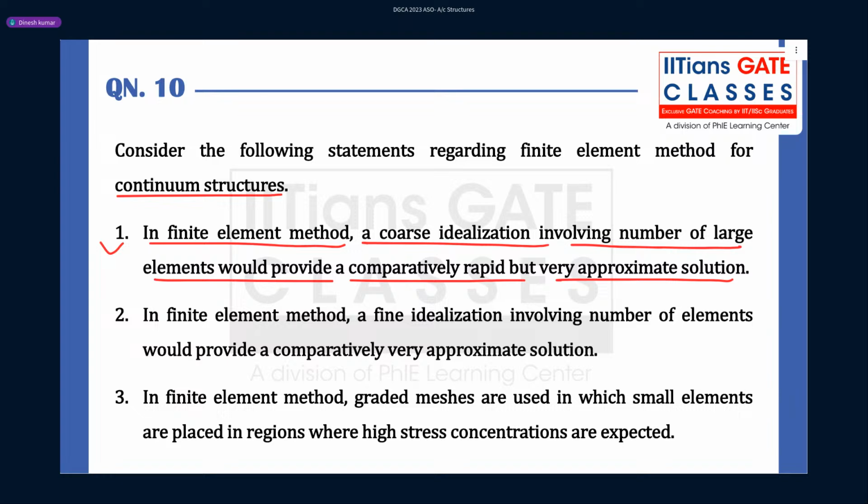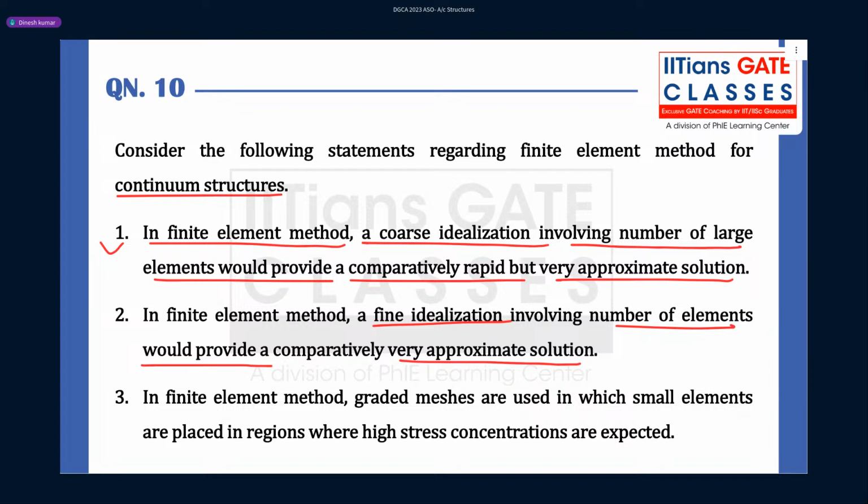The second says, in the finite element method, a fine idealization involving a number of large elements would provide a comparatively very approximate solution. Let me read again what it says.